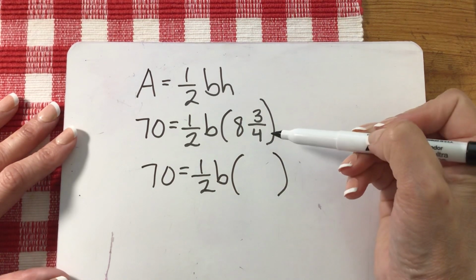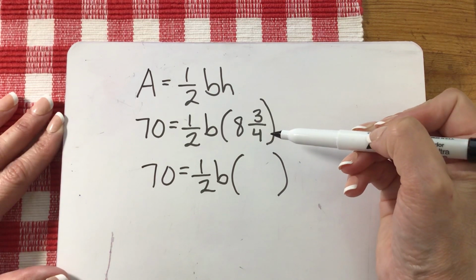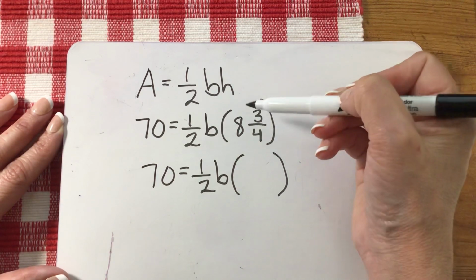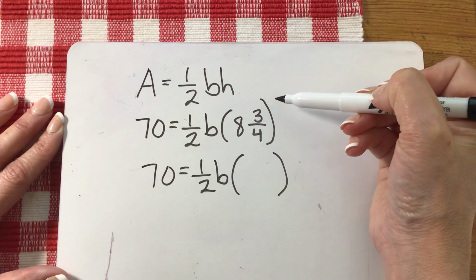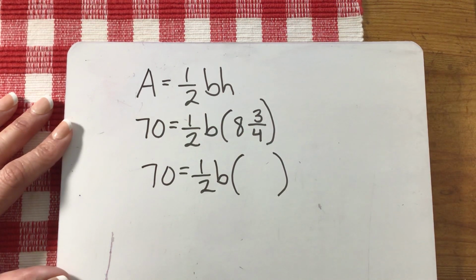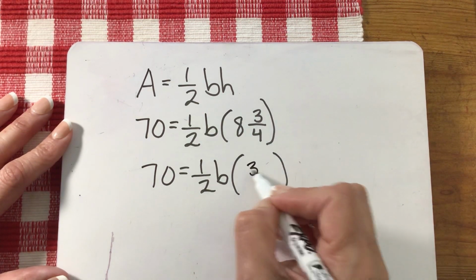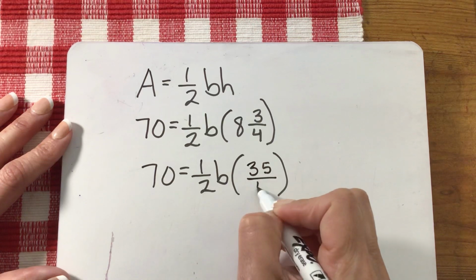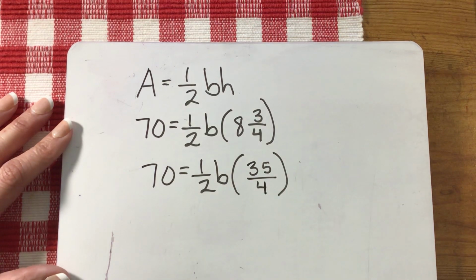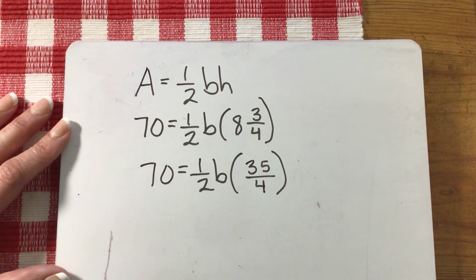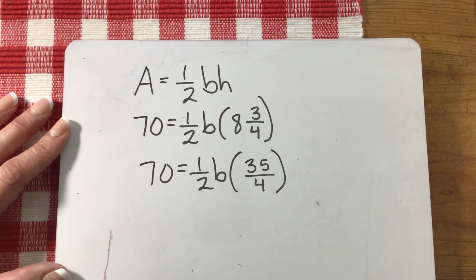Remember how you change this to an improper fraction. Denominator times whole number plus numerator. You should get 35 over 4. Okay, 4 times 8 is 32, plus 3 is 35.